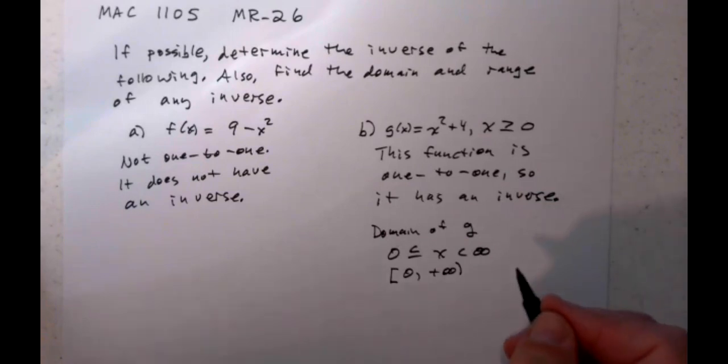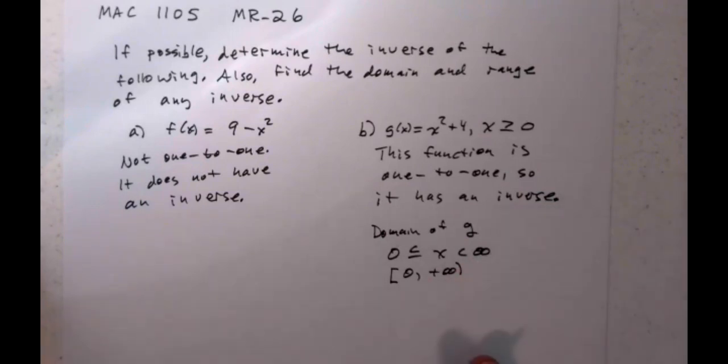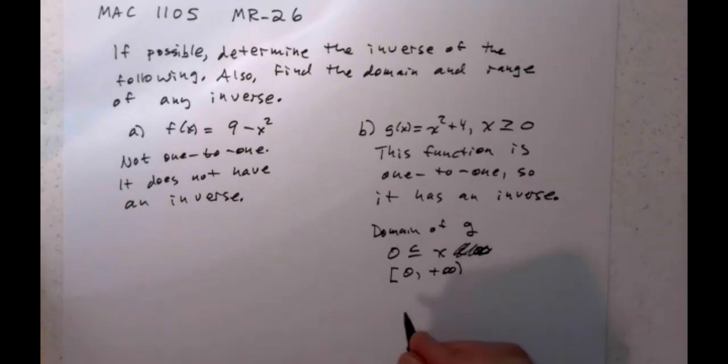Writing 0 less than or equal to x less than infinity doesn't make a whole lot of sense, but it might help visualize the interval notation. If you feel better, scratch that: x is greater than or equal to 0.